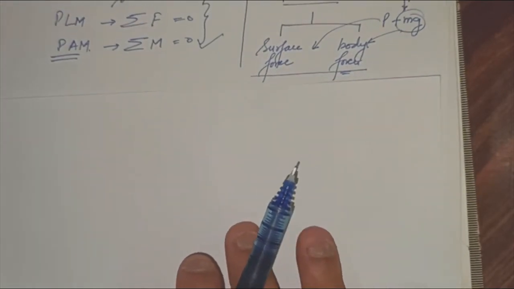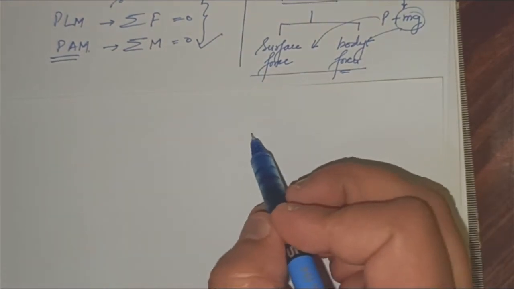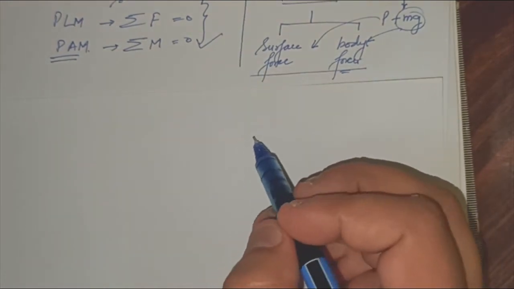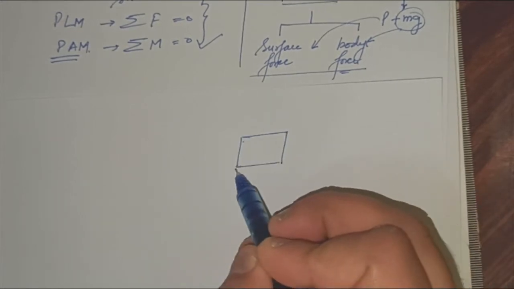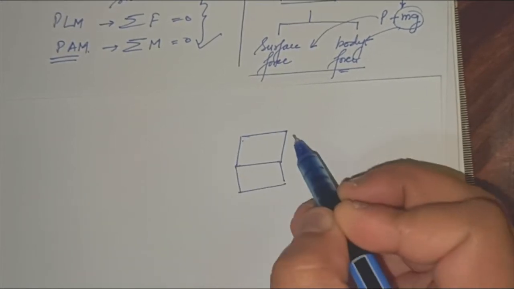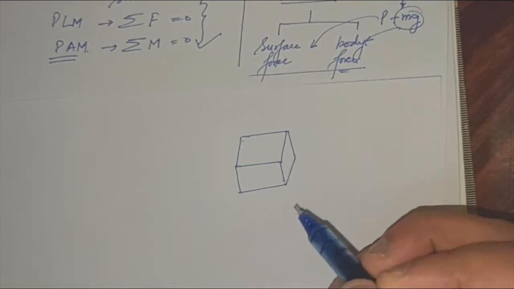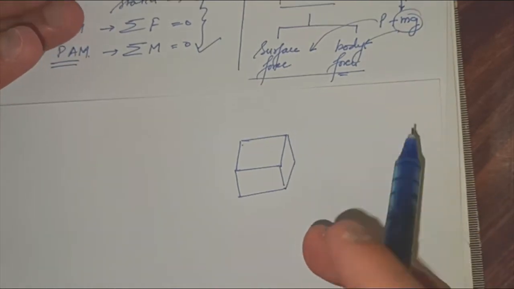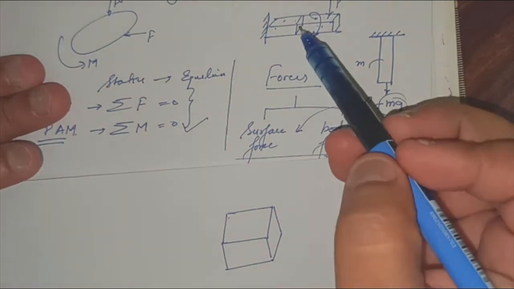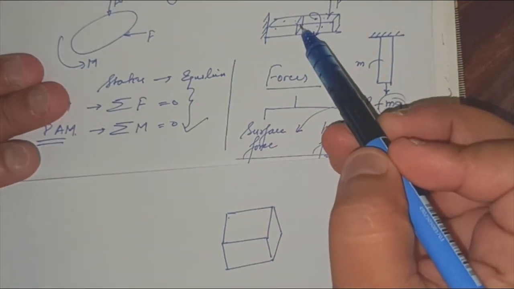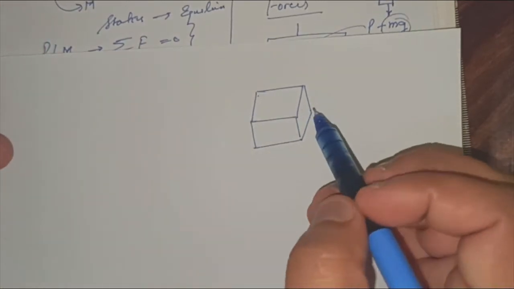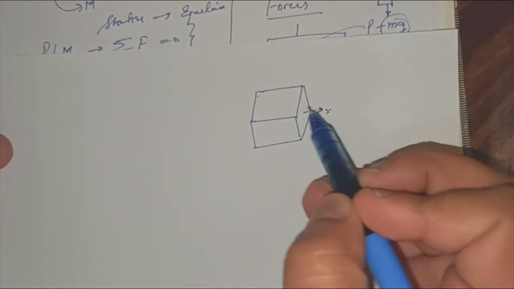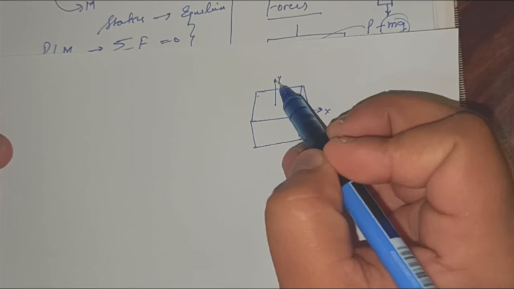Okay, like this. So let's talk about our typical cube that we have. This cube has been extracted from the solid phase inside the body. So you can give the axes x, y and z to this cube.